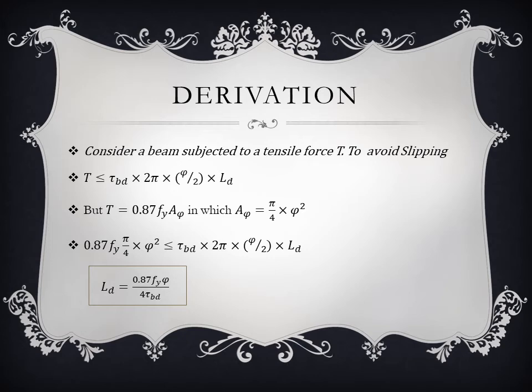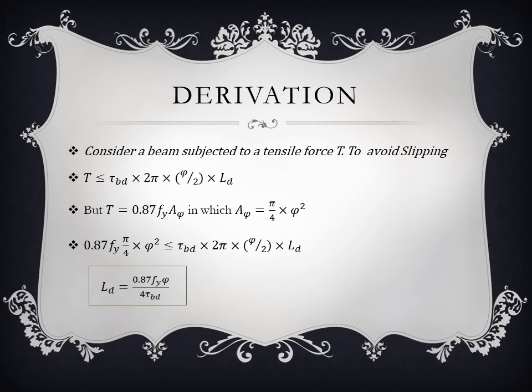when you look at the side, the cylindrical reinforcement looks like a rectangle. So the area used here will be length into breadth. Here the length is the development length LD and breadth is the circumference of the circle.